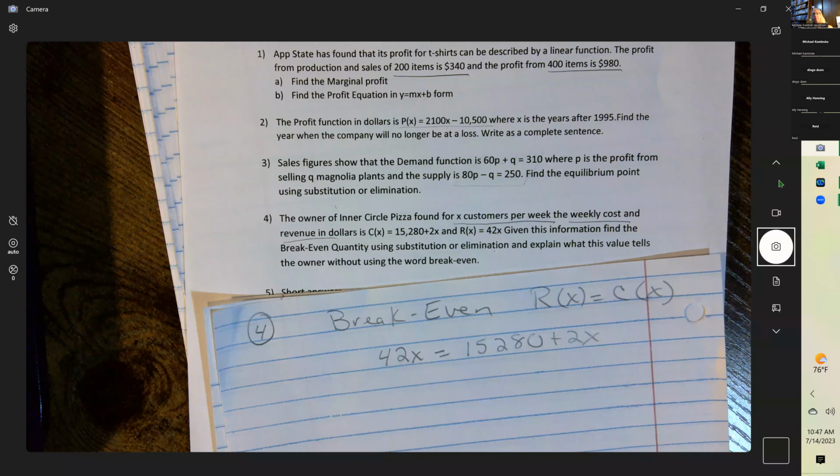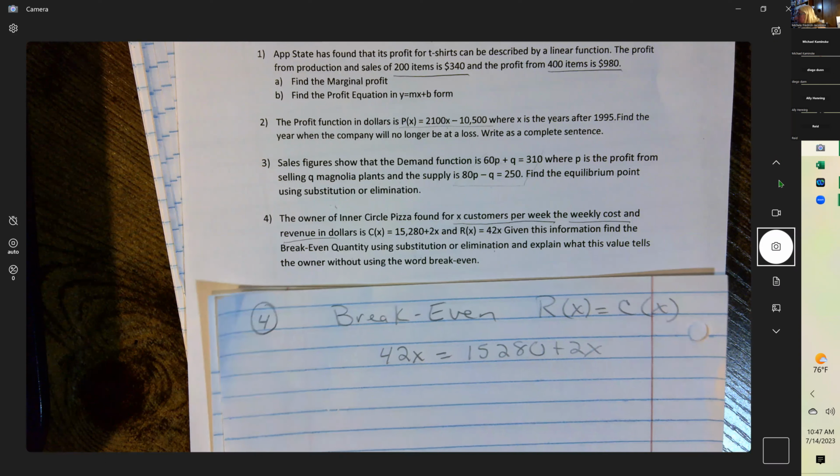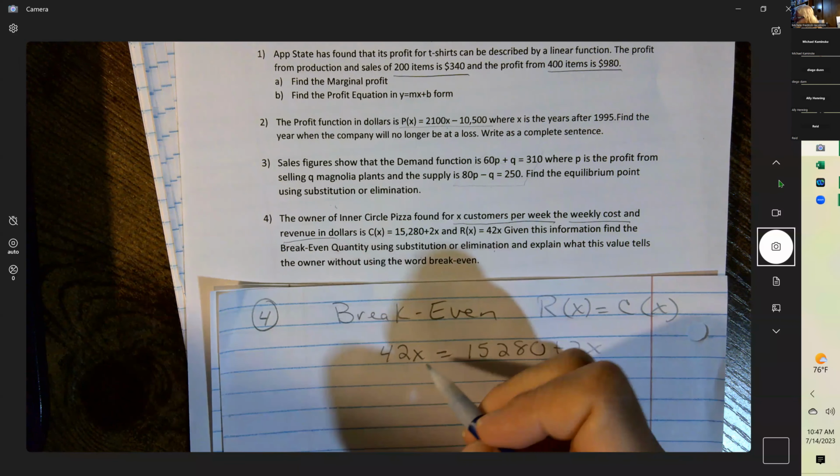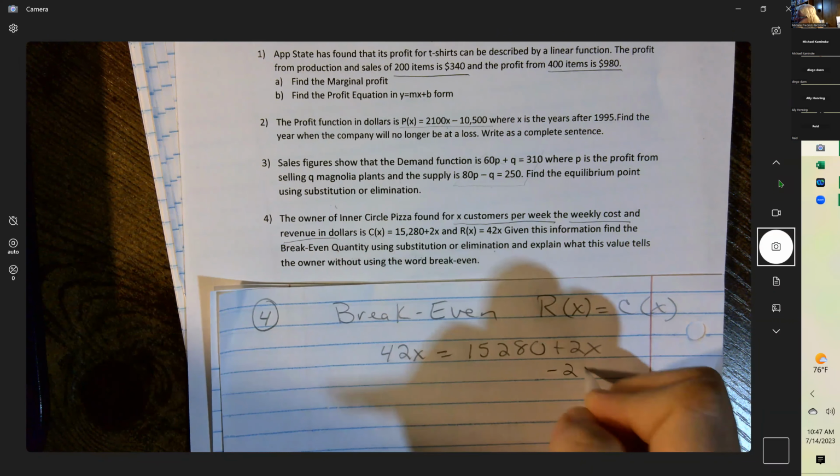And then we just solve. So break even is when you let the revenue equal the cost. And we want the break even quantity, so you don't need to plug it back in. You'll get zeros if you plug it back in, right? Break even, yeah. Subtract the 2X.